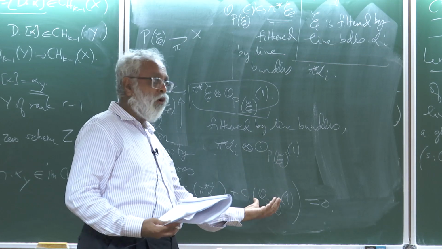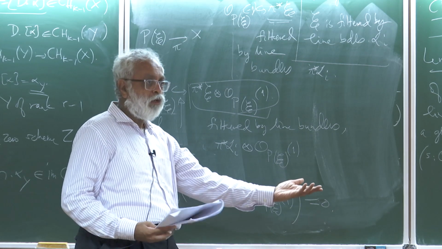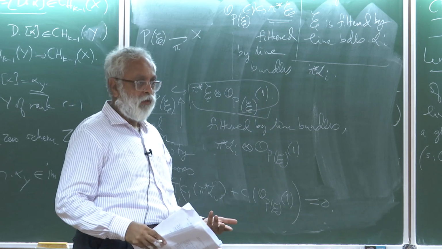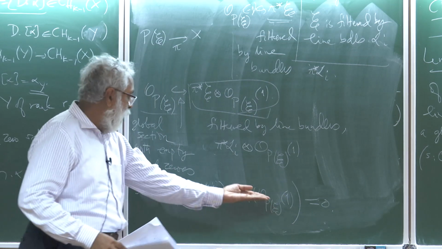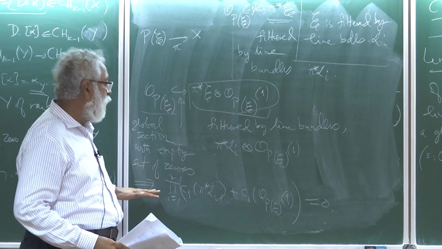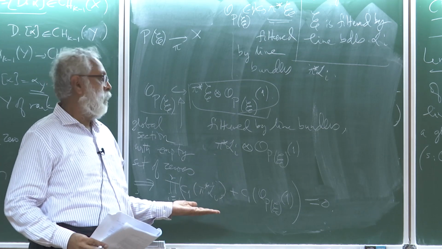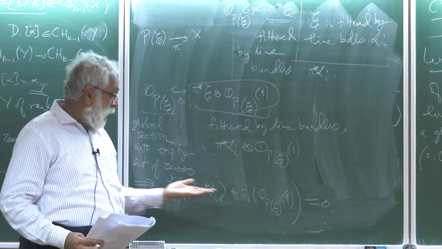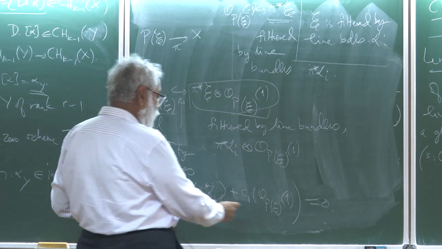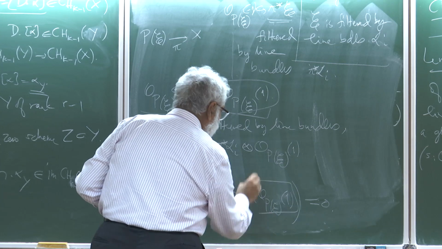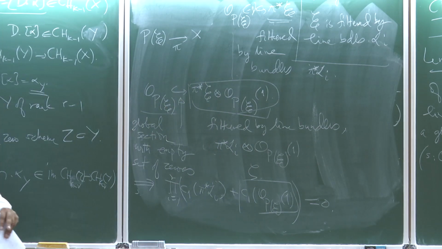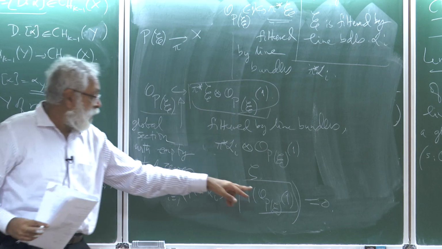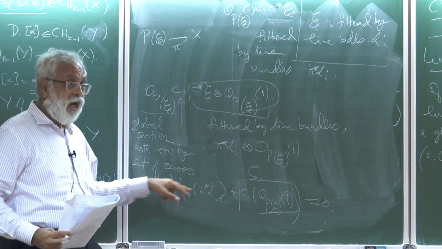I take a power of O(1), take the cap product with the pullback, and then push the result down. So the point is, this is a formula in the ring of operators of some kind on the Chow group upstairs. This element is the thing which I had called zeta, right? So this is a monic polynomial of degree r in zeta.